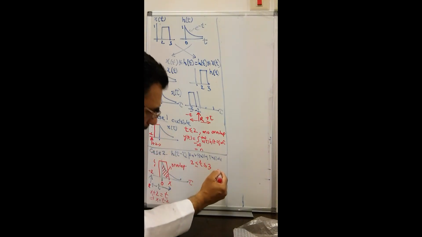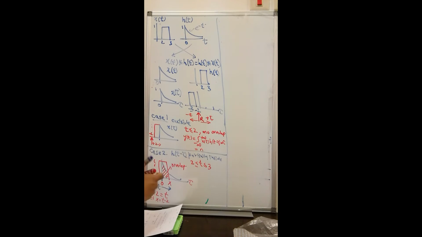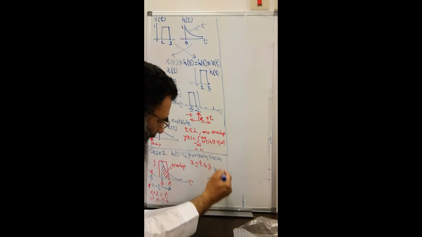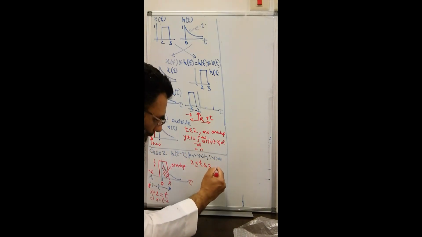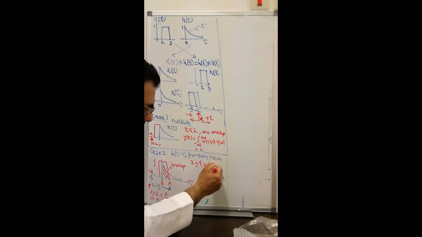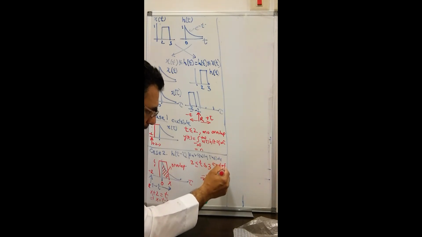The end of this case is when the pulse comes completely inside, where the shift t is 3.